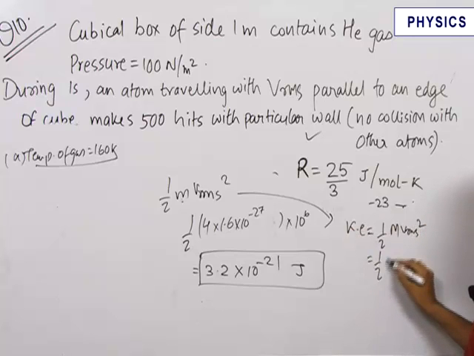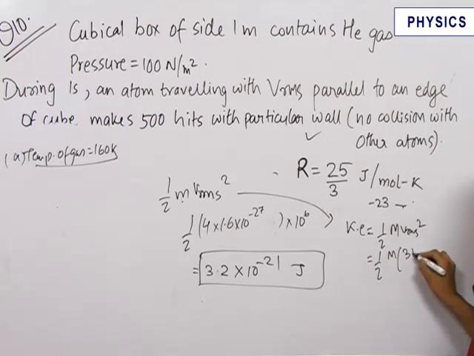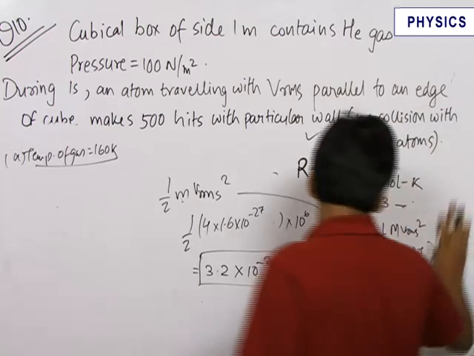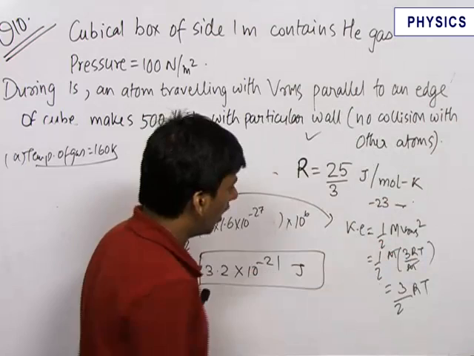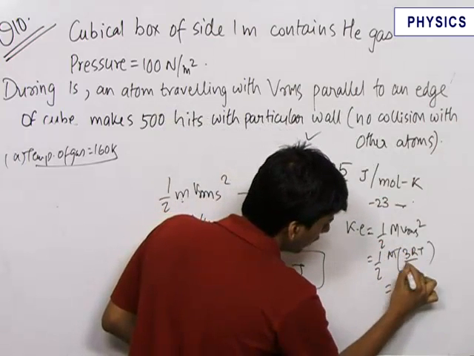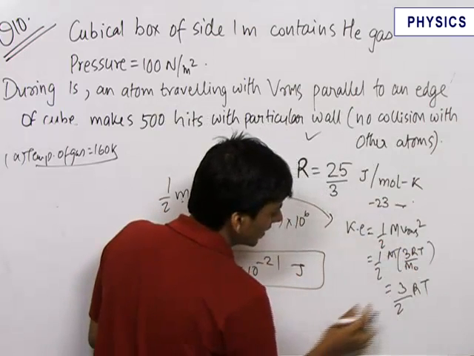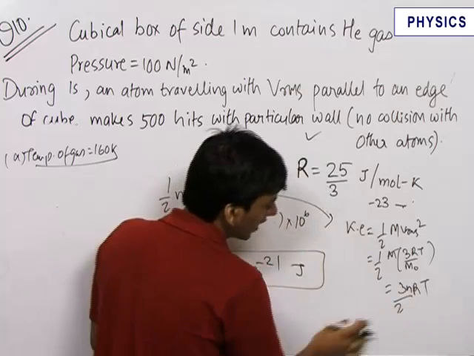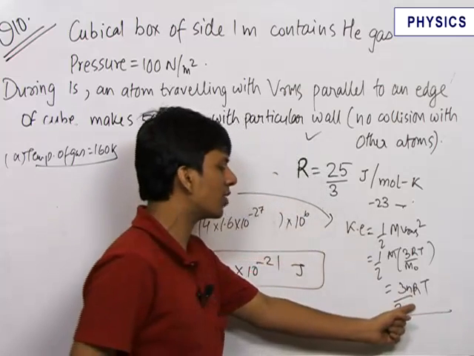This is equal to half into M into 3RT upon M, that is equal to 3 by 2 RT. Here, the first m is the total mass of the gas and the second is the molecular mass of the gas. Therefore m upon m naught becomes equal to the number of moles. Therefore the total translational kinetic energy of a gas comes out to be equal to 3 by 2 nRT.